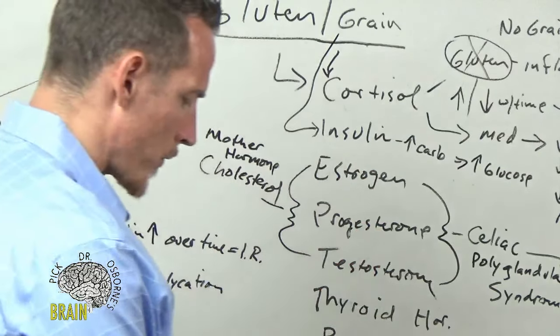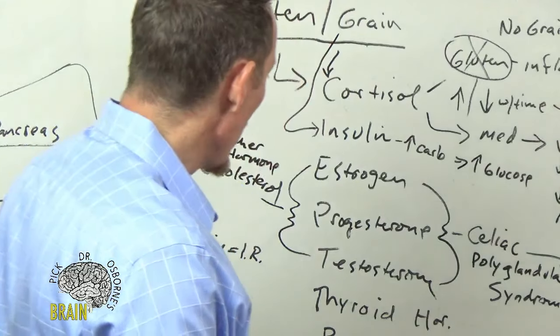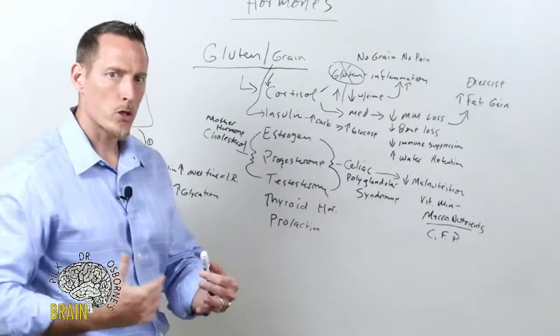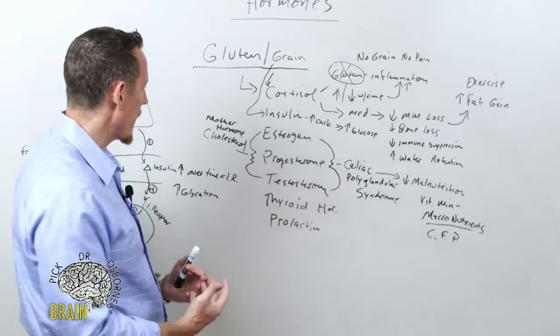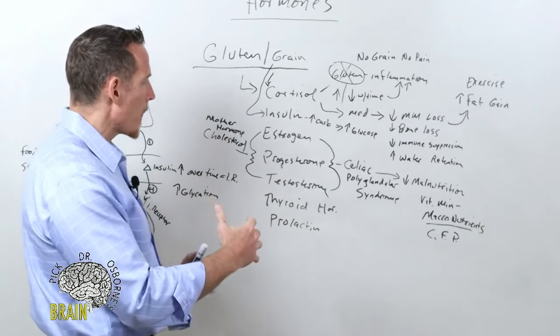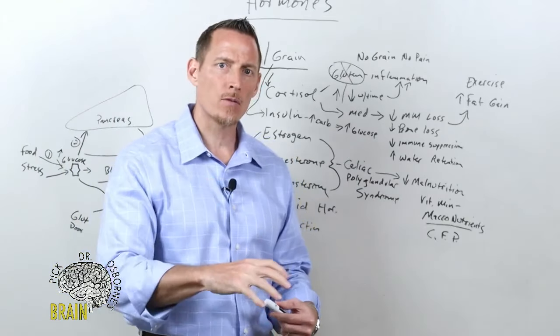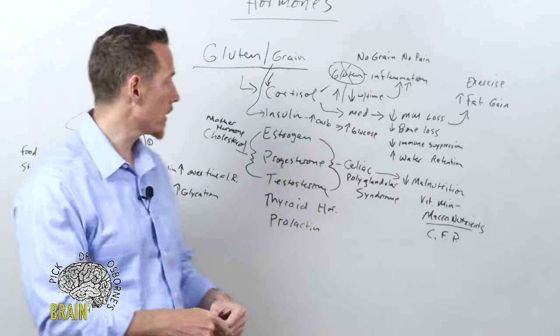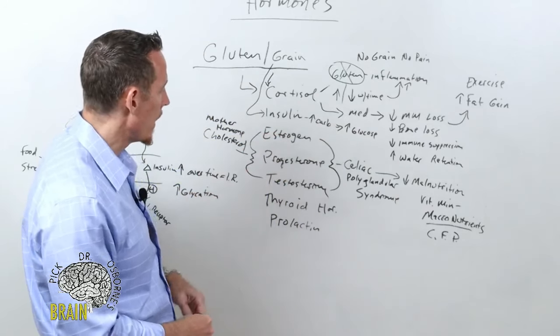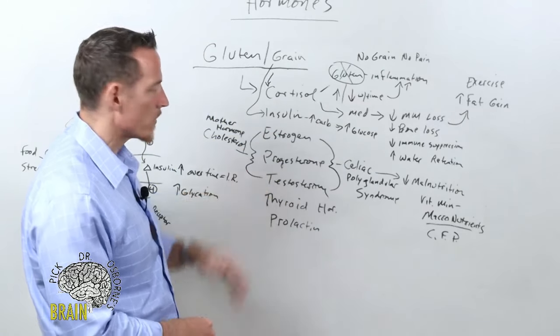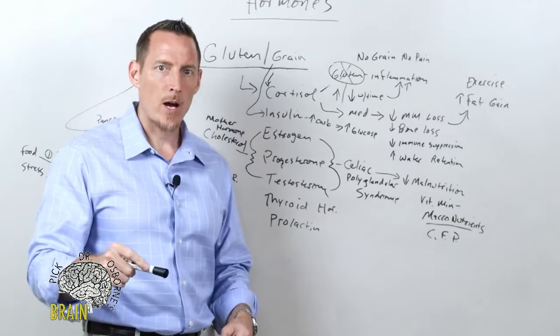Now think about this for a minute. Since the early 1980s, when the first statin medications to lower cholesterol came around and were starting to be prescribed on a really regular basis, since that time, look at how we've, as a society, gone toward massive hormone deficits. This is such a problem that in some towns, in some cities, you actually see billboards that say Low T Center, or Hormone Center.